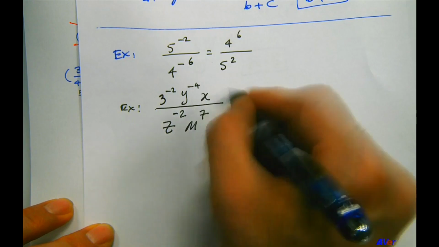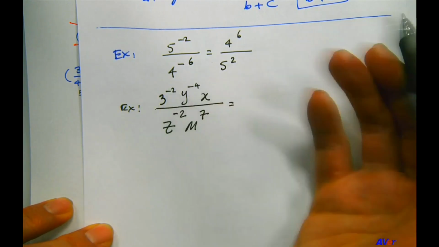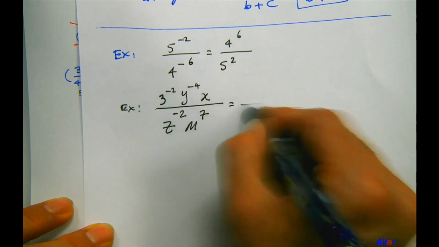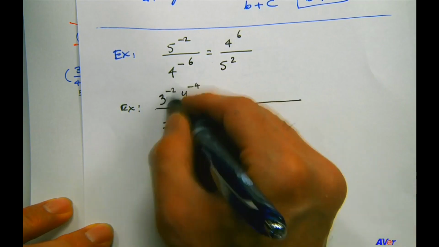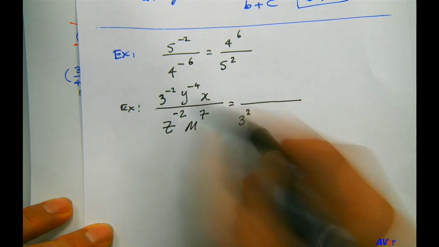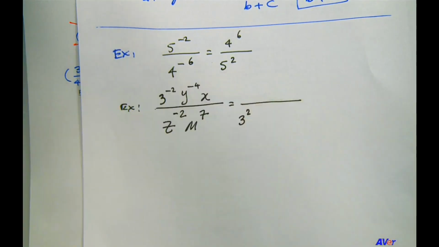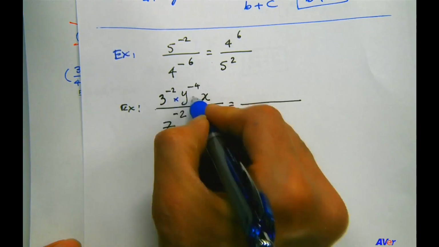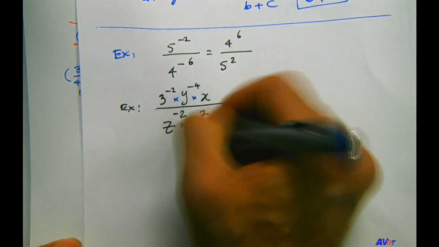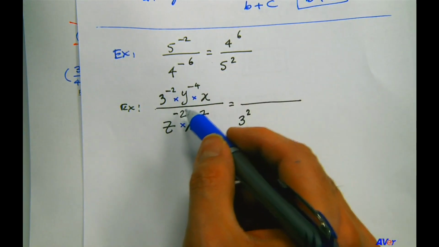So anything with a negative power you can easily make positive by moving it around. If it's in the numerator, you can bring it down. So 3 to the negative 2, you can put it here and make the power positive. These are not a problem, because these are being multiplied. Again, guys, we can do this because everything here is being multiplied, and we are dividing or multiplying things. If you had addition and subtraction, you could not do this.